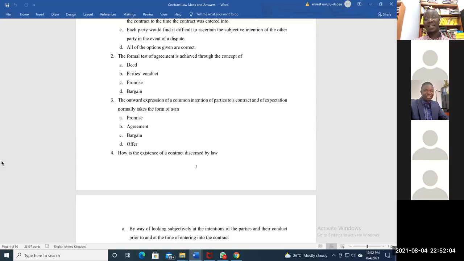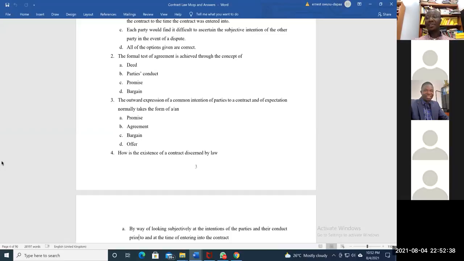If you say deed, that is fine, because we are talking about the formal test. So pay attention: if deed is not there, then you could go for other options, like where the parties have reached a bargain, D.